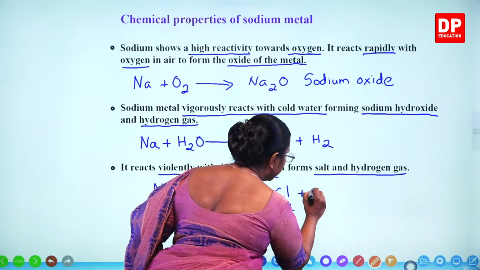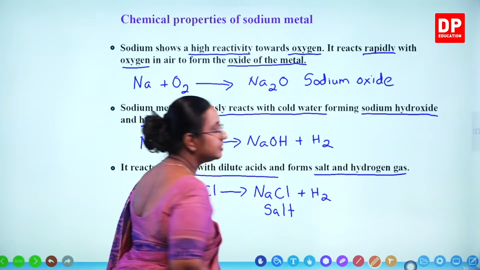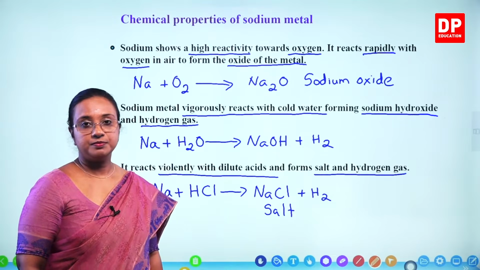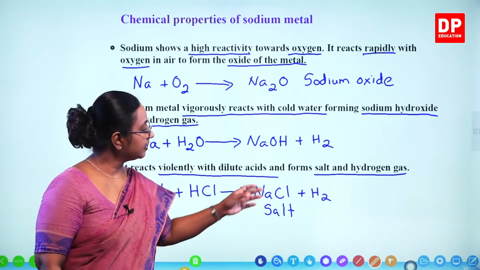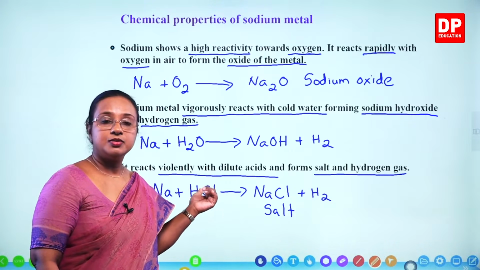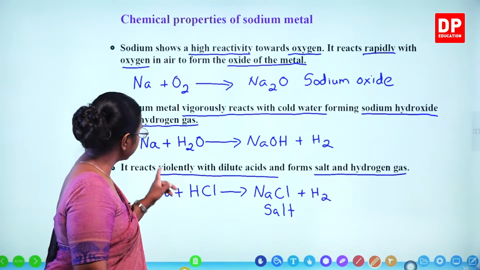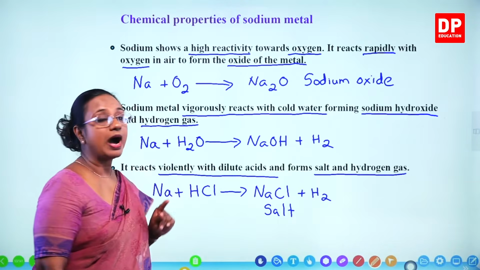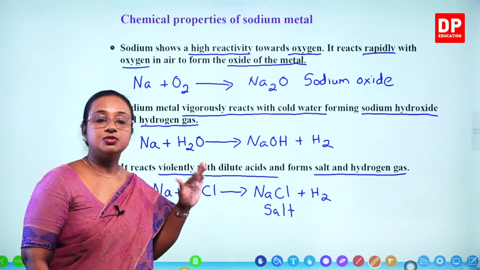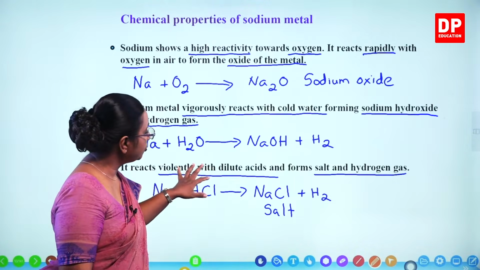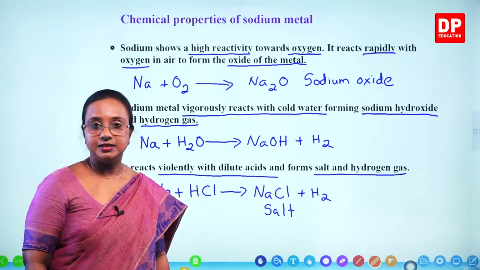Here also there is hydrogen gas evolved. So, these are the products of sodium reacting with acid. But as we said, this is a very violent reaction. So normally we don't try this reaction in the lab.